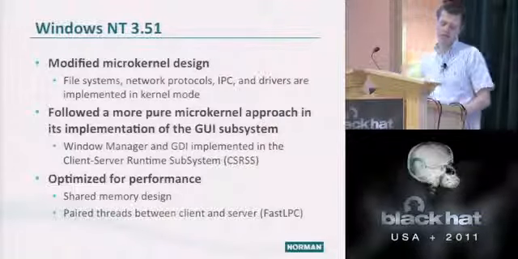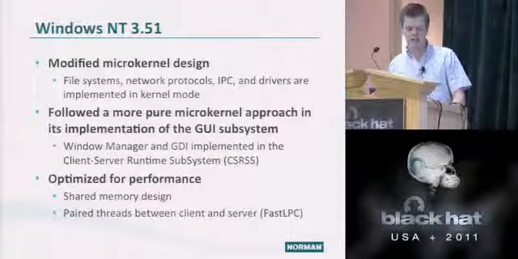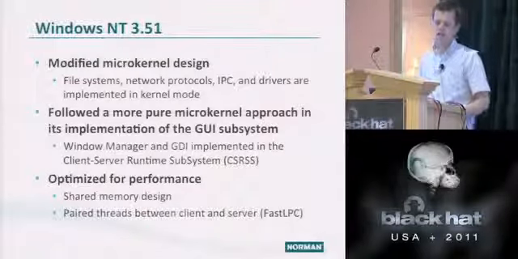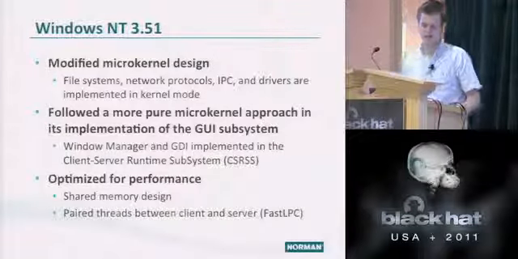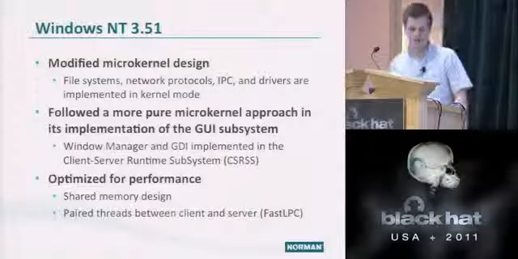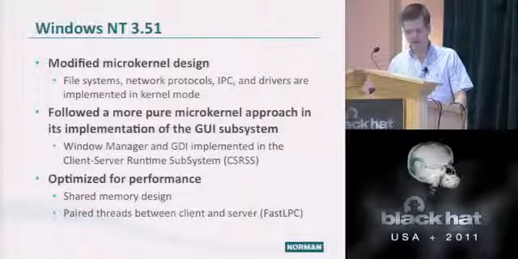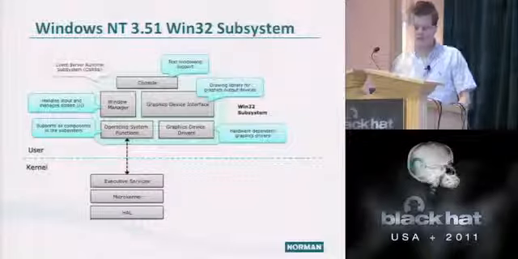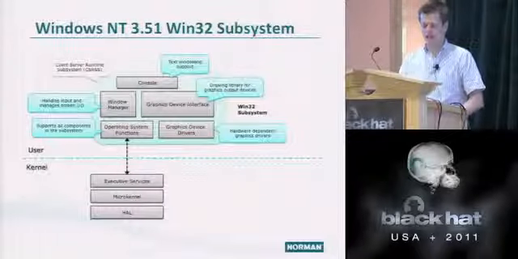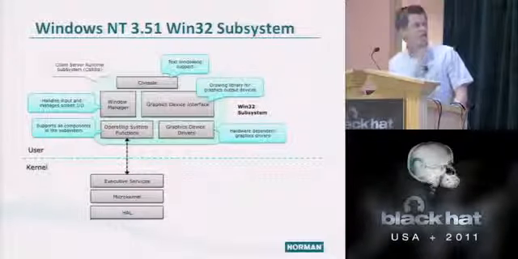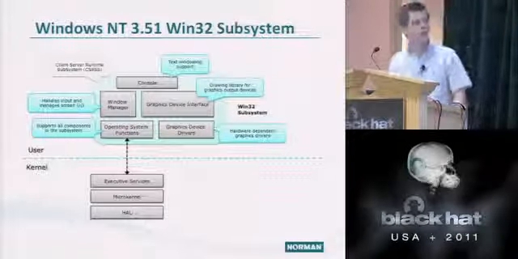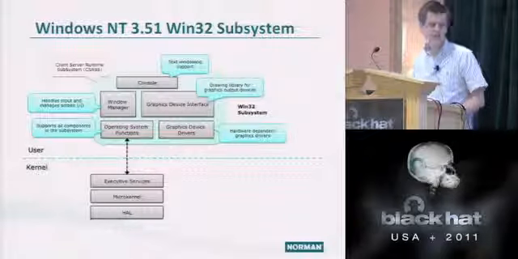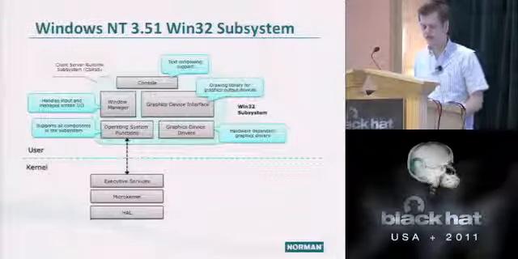Even though that might be slow in some contexts, they used a lot of optimizations like a shared memory design, sharing memory between the client and the server process, and using paired threads to make the time slicing of context switching more efficient. So this is pretty much what it looks like. Back then, you had all these components in user mode, and you had limited executive services that did the necessary kernel processing of these components.